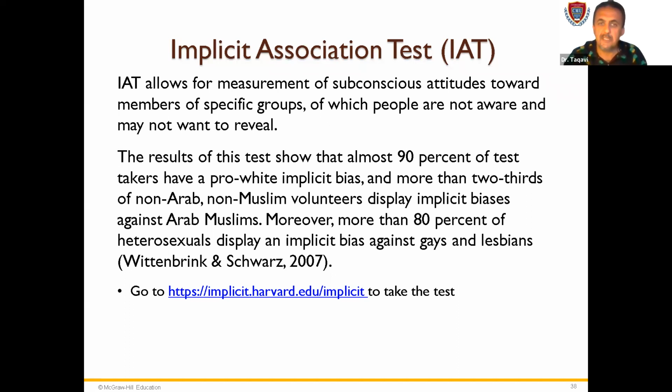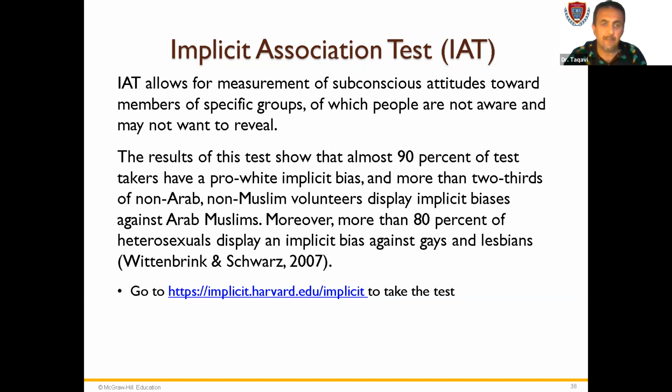The results of this test show that almost 90% of test takers have a pro-white implicit bias, and more than two-thirds of non-Arab, non-Muslim volunteers display implicit bias against Arab Muslims. Moreover, more than 80% of heterosexuals display an implicit bias against gay and lesbian people.